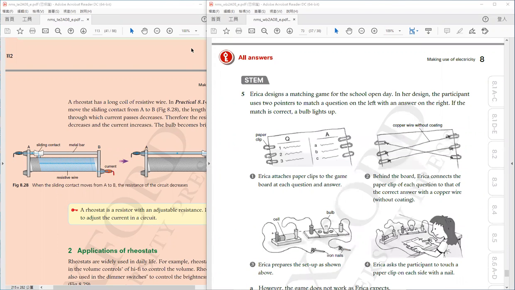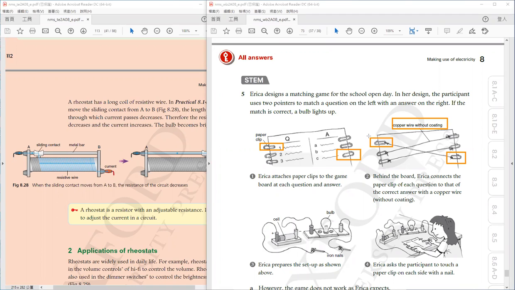In this question, she wants to connect it like a matching question. From question 1, there's a wire connecting to the coating, so she can connect it to answer C behind the board.